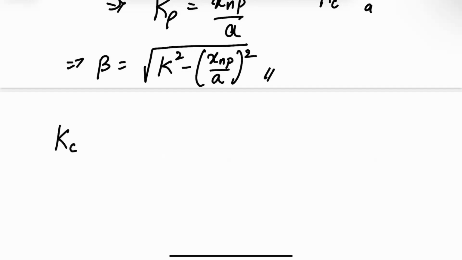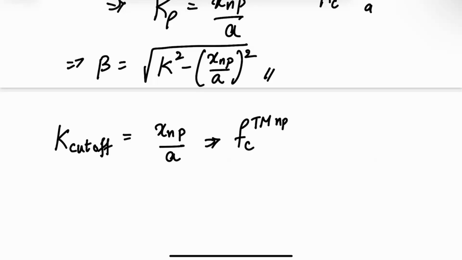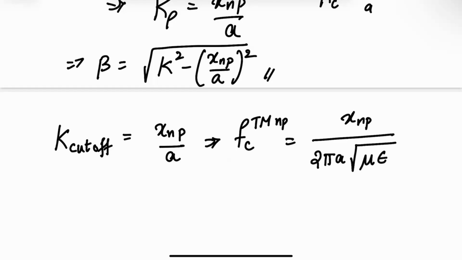So k cutoff, kc, is nothing but xnp over a. This implies the cutoff frequency for TM modes is xnp over 2 pi a square root of mu epsilon.